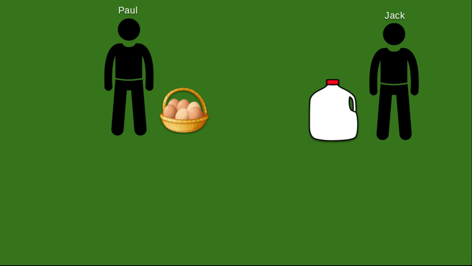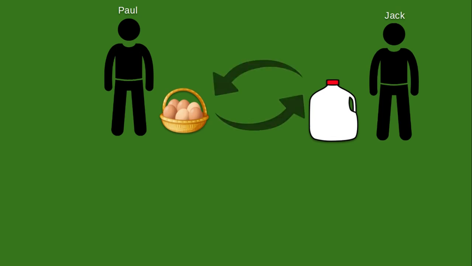So Paul goes up to Jack, offering to trade his eggs for Jack's milk, but the request is rejected, because Jack doesn't want eggs. Perhaps he's already got plenty of eggs from somebody else. And so this kind of obstacle is always present in a barter economy.